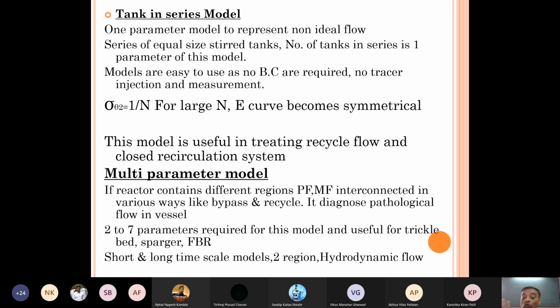Okay, then we have to use multi-parameter models, meaning models which use two or more parameters to find out non-ideality in that reactor, to find out conversion in that reactor. आपल्याला दोन किंवा दोनपेक्षा जास्त पॅरामीटर्स वापरावे लागतात, unlike Tankin series model and dispersion model. Okay, for example it diagnoses pathological flow in the vessel.